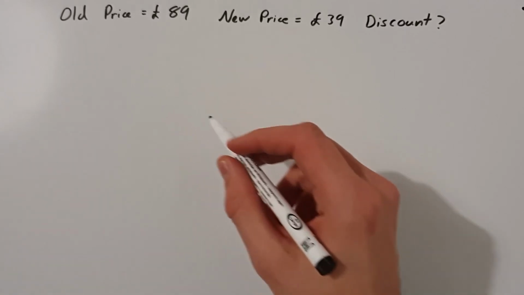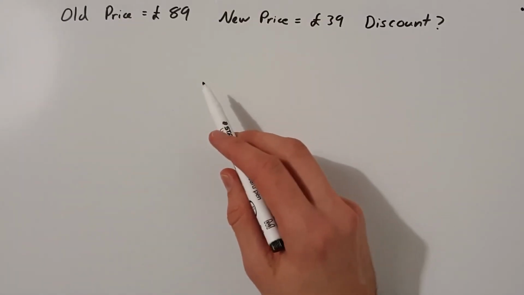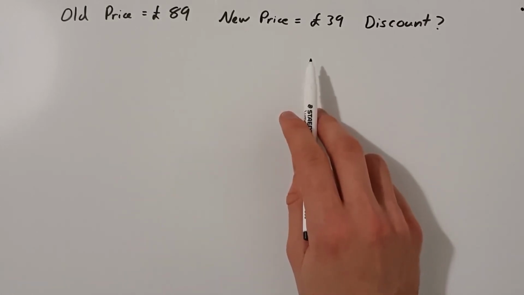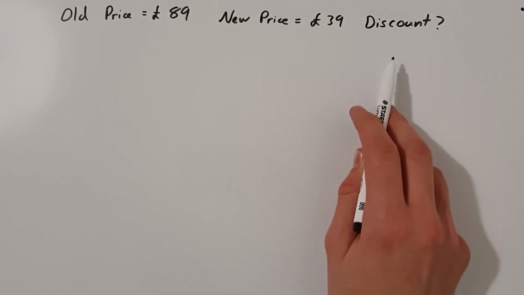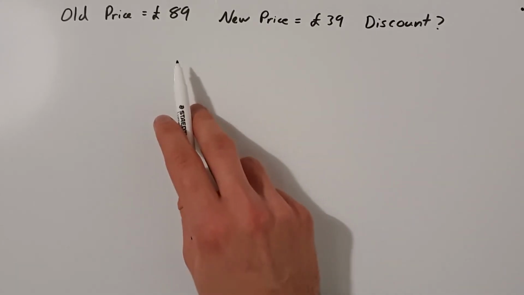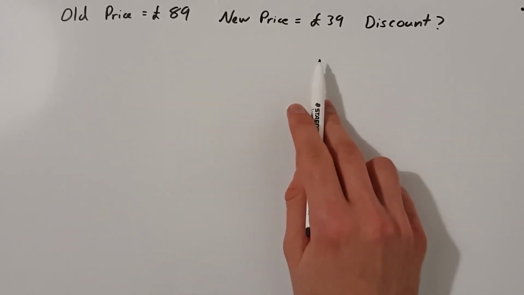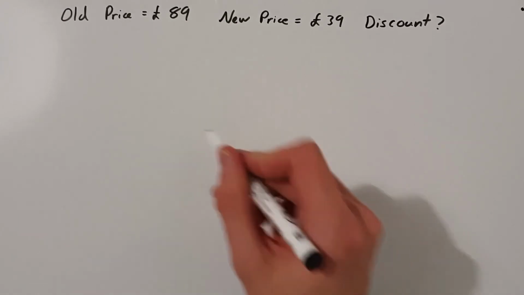Okay, so the last example I'm going to cover in this video is a question just like this one, where we're given the old price, we're given the new price, and we're asked for what is the discount. So basically what this is asking for is what is the percentage change from the original value to the new value. There is a little formula that you can remember to work this out.